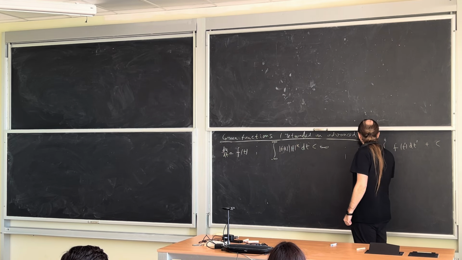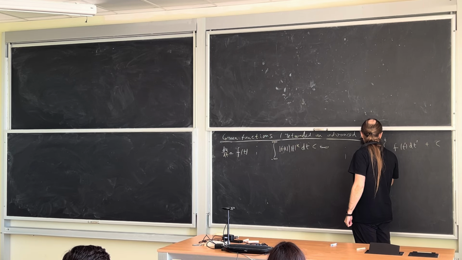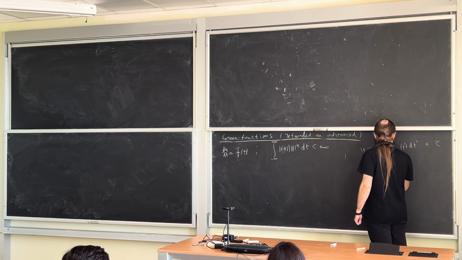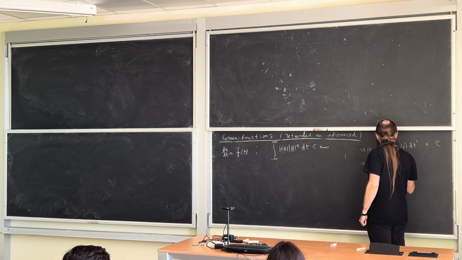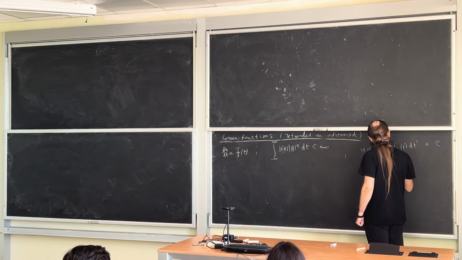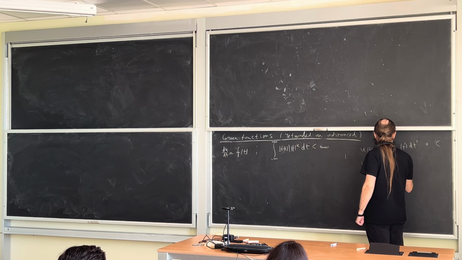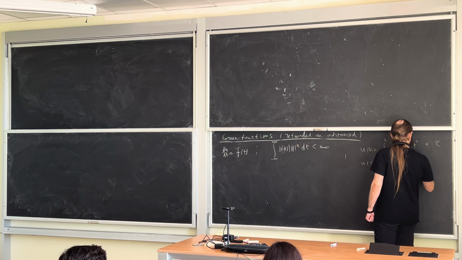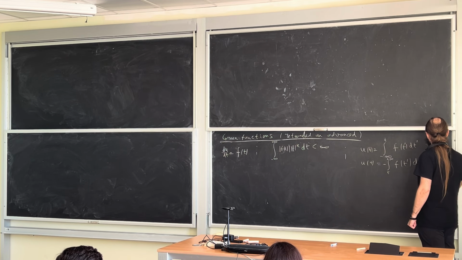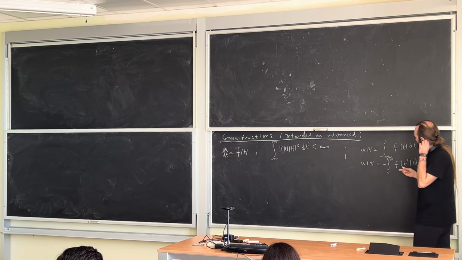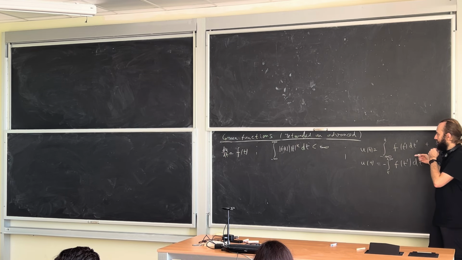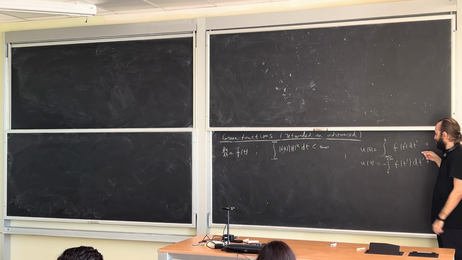And we could write equivalently something like this: minus the integral from t to plus infinity of f(t') dt', plus c1, c2. Of course, they differ by just one constant, which equals the integral of f from minus to plus infinity.